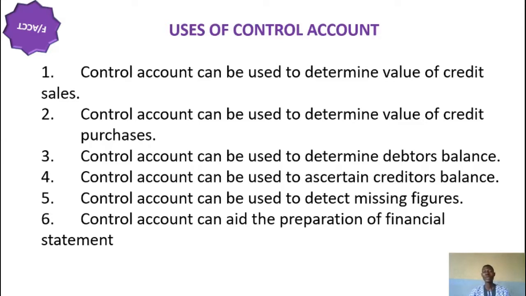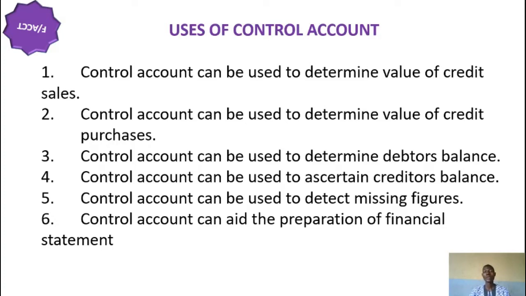Control account can be used to determine value of credit sales. You must note that it is credit sales, not cash sales. You sold certain items to customers and there are one or two discrepancies. Control account can be effective in getting the value of credit sales.